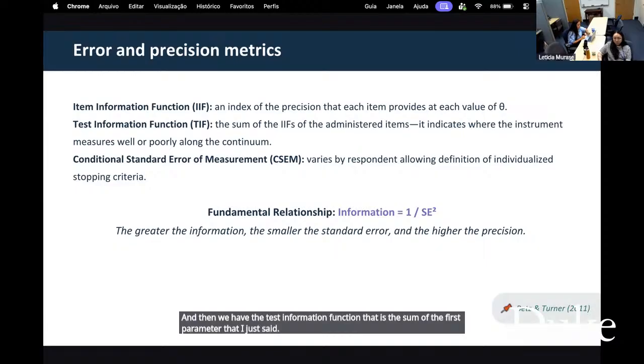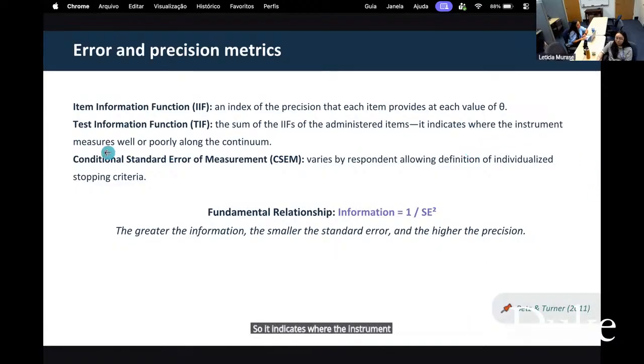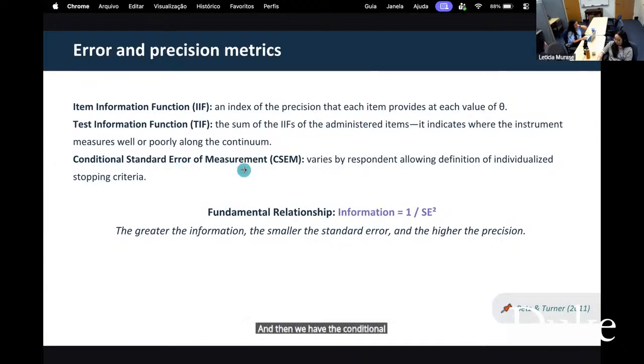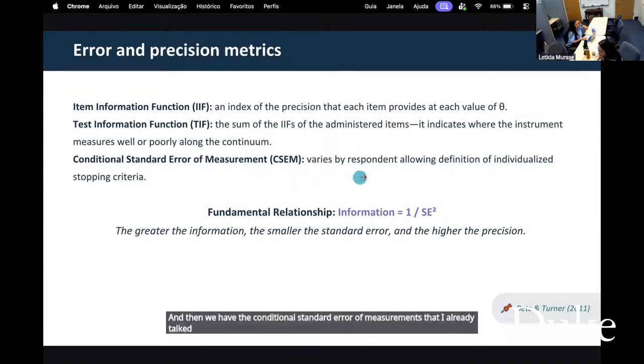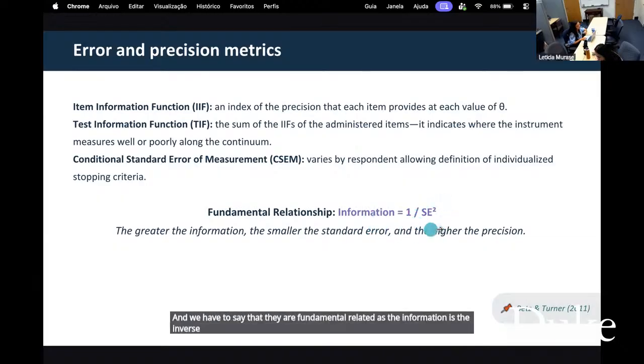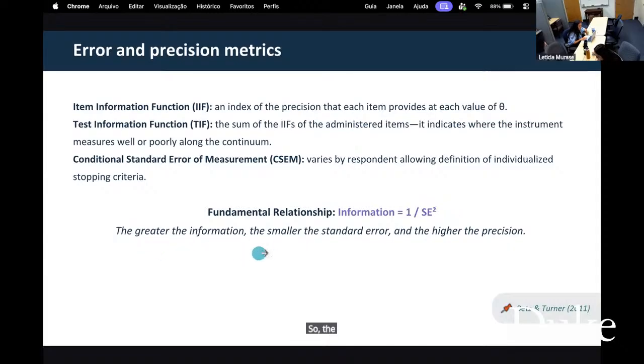So it indicates where the instrument measures well or poorly along the continuum. And then we have the conditional standard error of measurement that I already talked about, that varies by respondent, allowing definition of individualized stopping criteria. And we have to say that they are fundamentally related, as the information is the inverse of the standard error of measurement, okay? So the greater the information, the smaller the standard error, and the higher the precision.